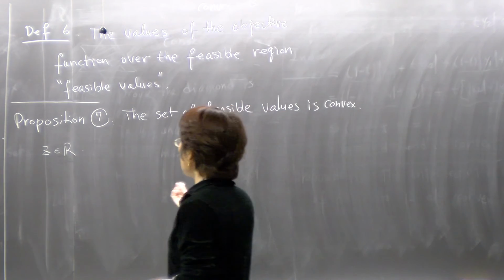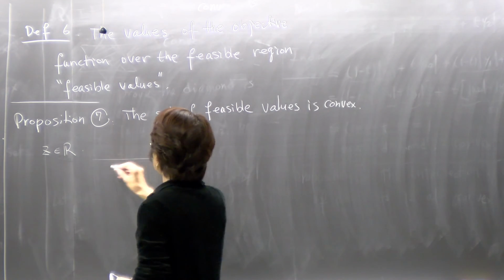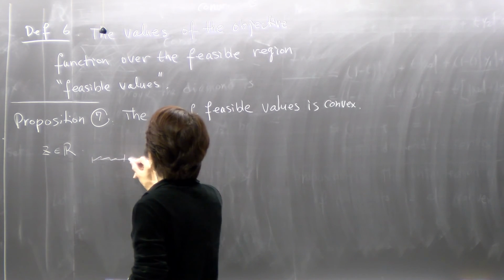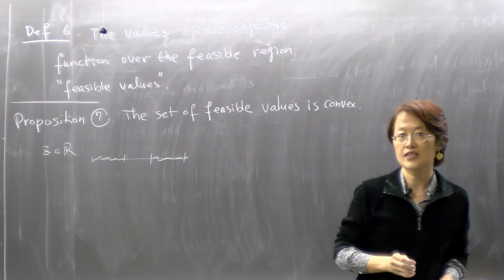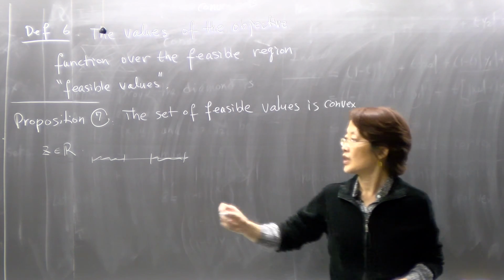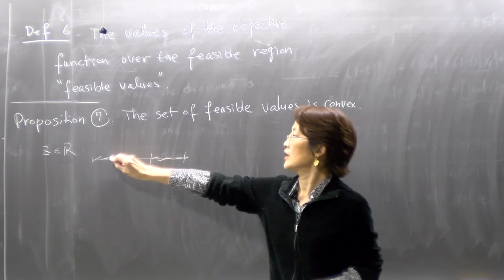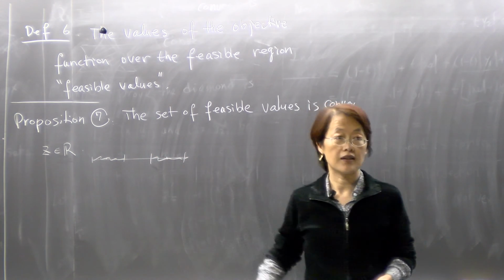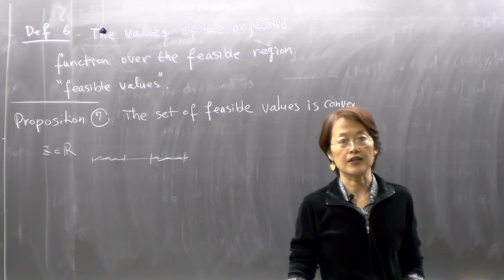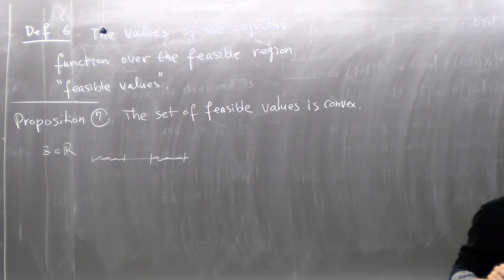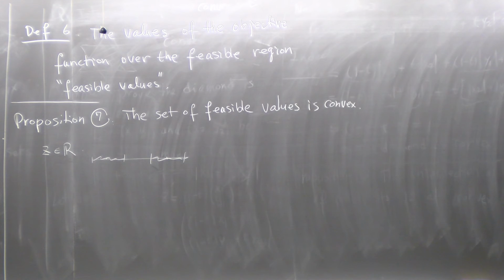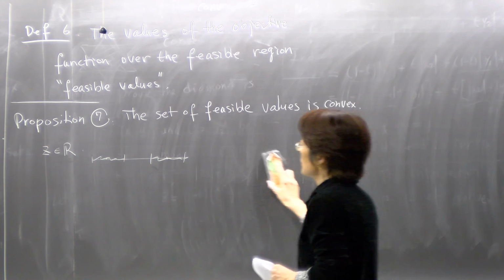And if I have an interval like this and another interval like this, do you think that can be a convex set? If I take a point here, take a point here, I draw a line in between, I get out of my set. That is not convex. So if a one-dimensional set shall be a convex set, it has to be one single interval. Is that clear? That is what I want to draw your attention to.